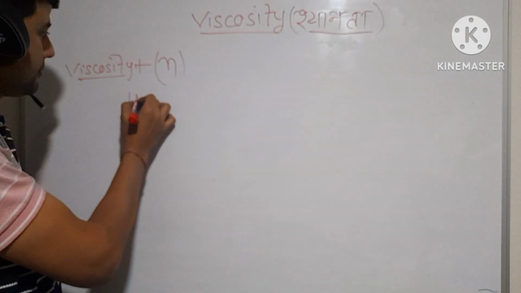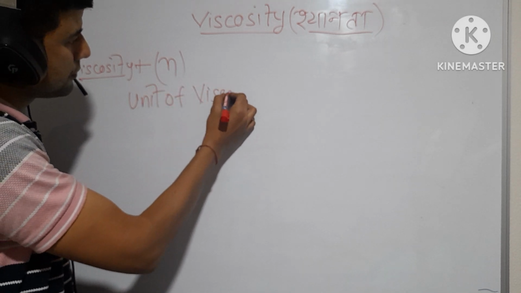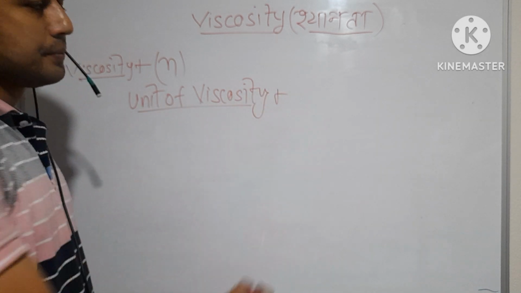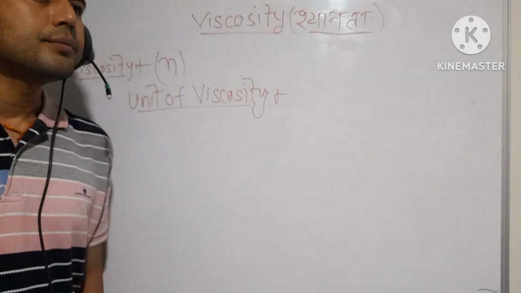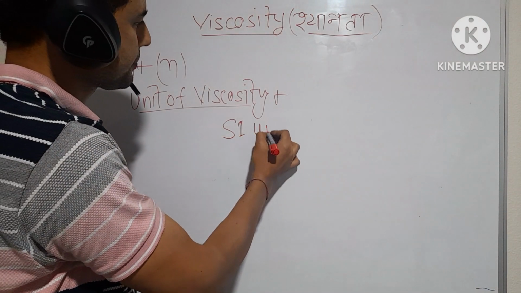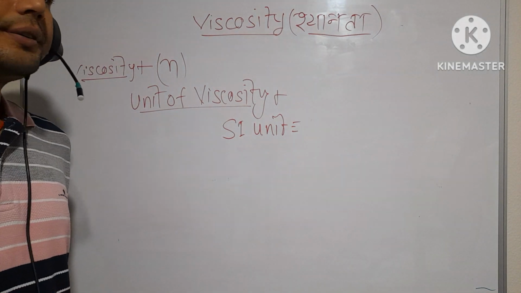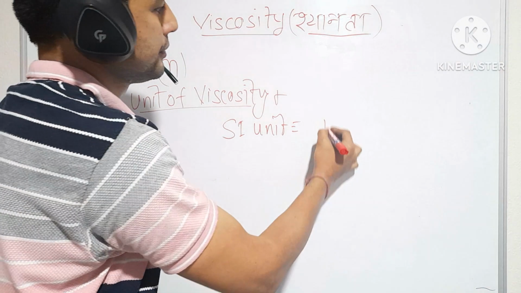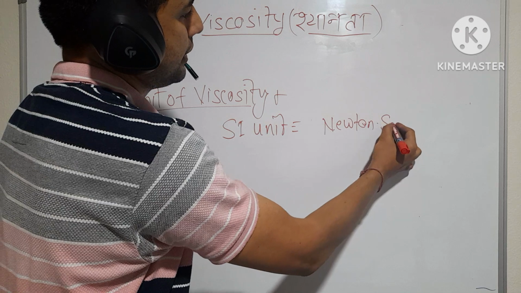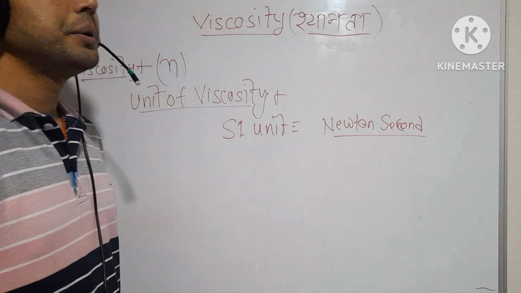And the unit of viscosity: the SI unit is Newton second per meter square.